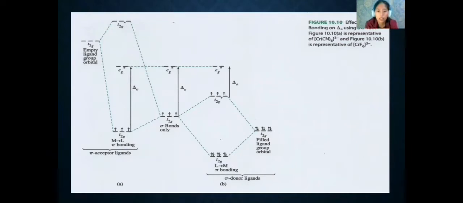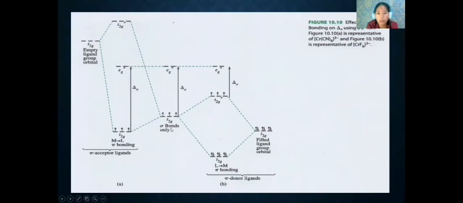So the delta O in the pi donor ligands is much smaller than the difference in the pi acceptor ligand.